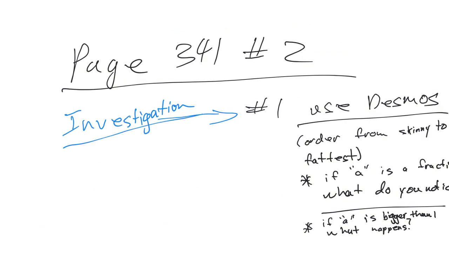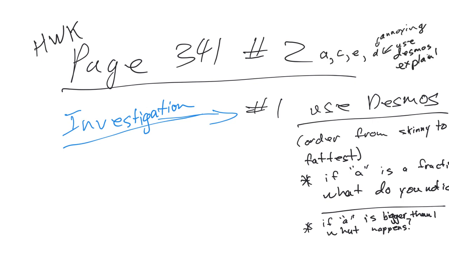All right. So for homework, what I want you to do is page 341, 2A, C, E, and D. Now for A through C, you're going to use the basic stuff that we studied at the beginning of this lesson. But for D, this is annoying.